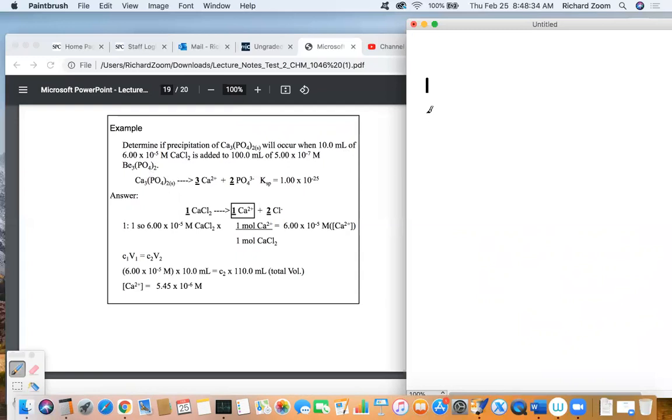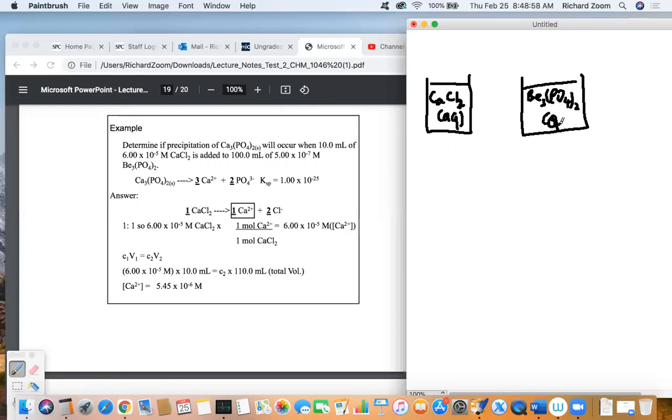So the situation is this. We've got a solution here of CaCl2, aqueous, and we have a solution here of Be3(PO4)2, and that's aqueous as well. And by aqueous, there's not going to be any solid present.